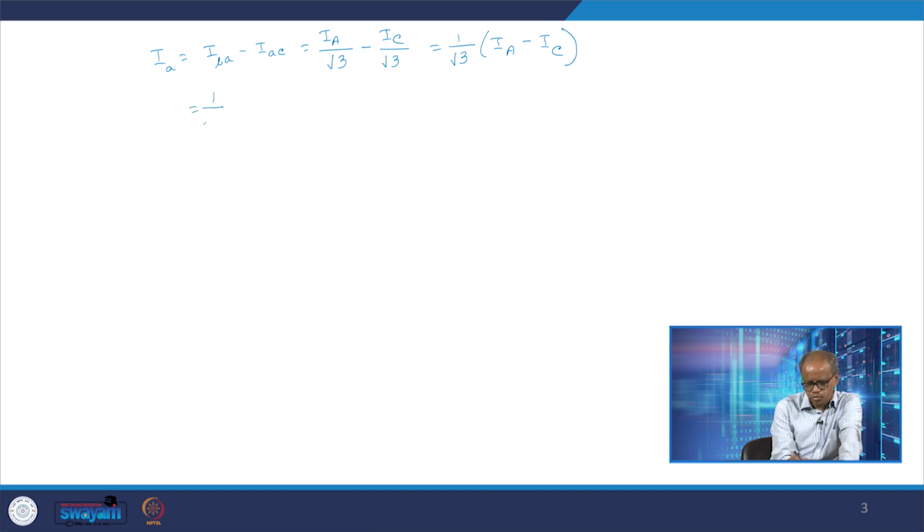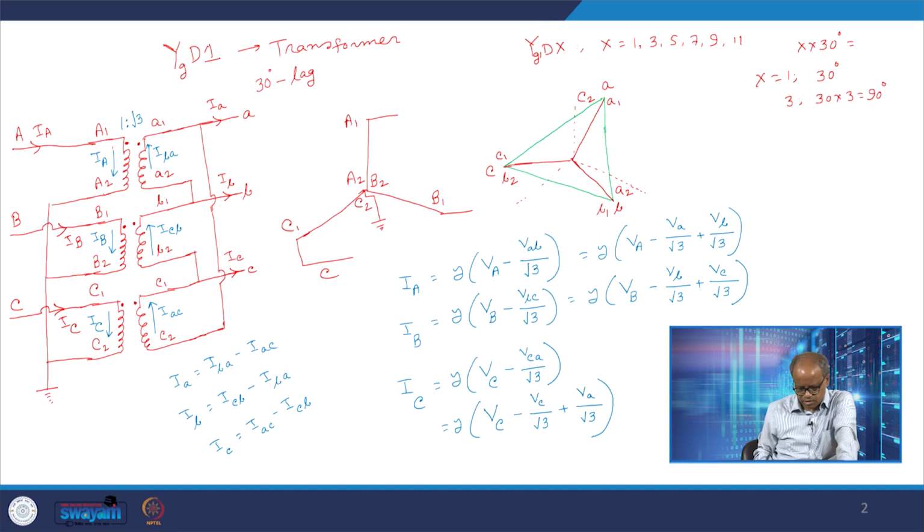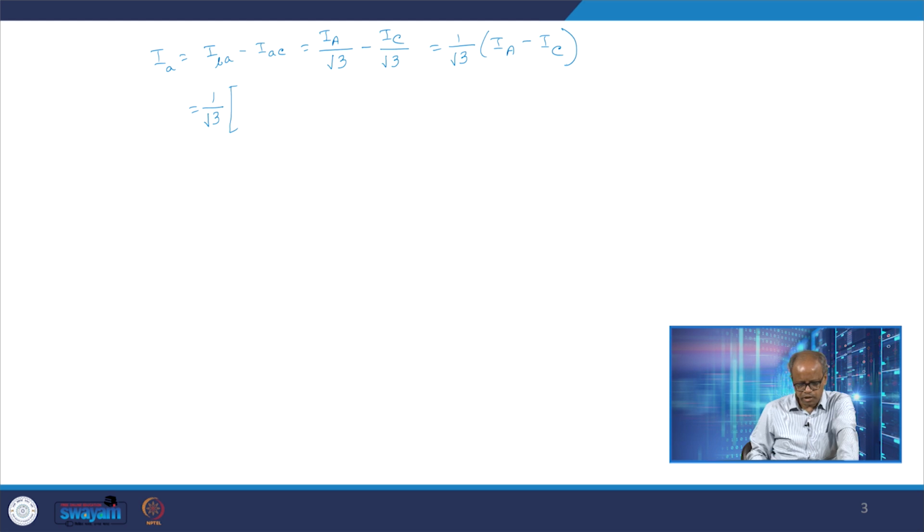So what I will do now is substitute. We have already written down the expressions of I capital A and I capital C in terms of voltages. Y is common everywhere in the expressions of IA and IC, so I take Y common.